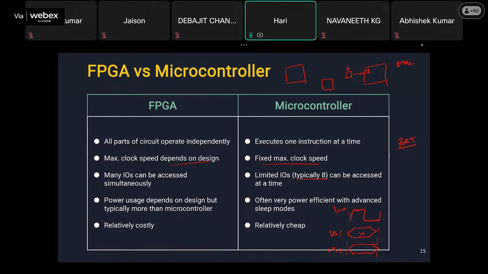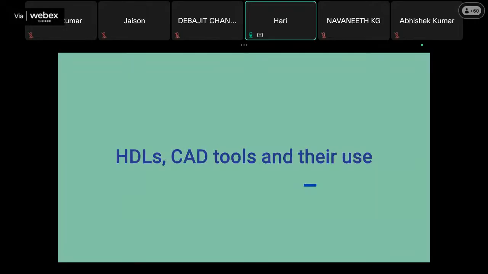But in a microcontroller, if you need to read the value of the ultrasonic sensors, in one clock cycle you would be reading US1, and in the next clock cycle you would be using the next particular value. Okay, this kind of thing is there.